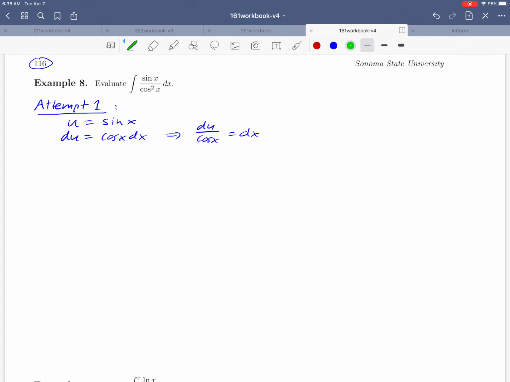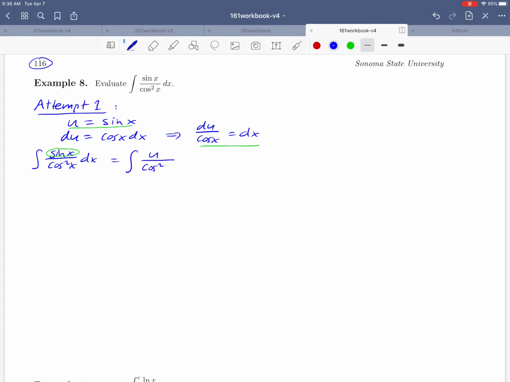Again, we're interested in those two calculations that we did. We're going to substitute back into our integral. If we make those two substitutions, the sine of x that's up here in the numerator, that's what we called u.